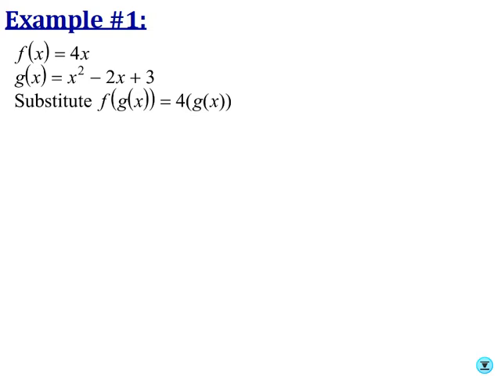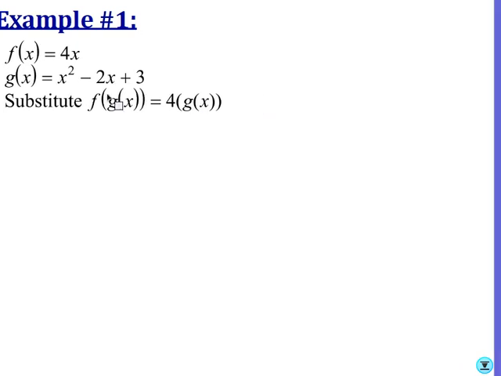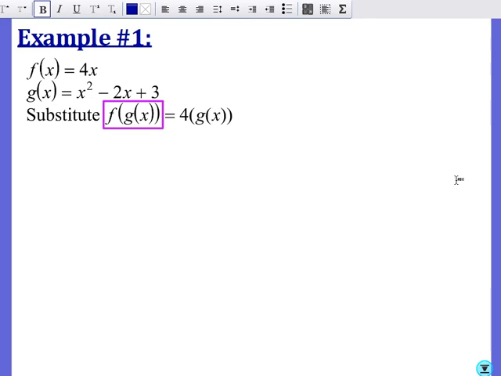The first thing that we want to do in terms of composite functions is a substitution step. So we're going to take it step by step, and this is the first thing that we're going to do. I want to draw your attention to this part of the notation, f of g of x. This right here is strictly notation.